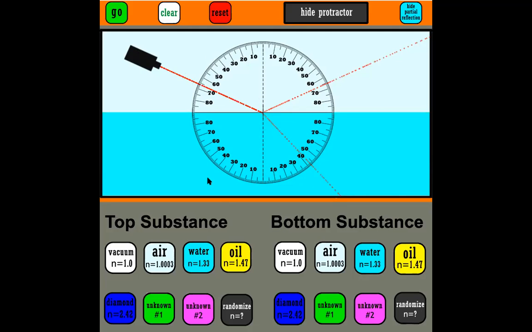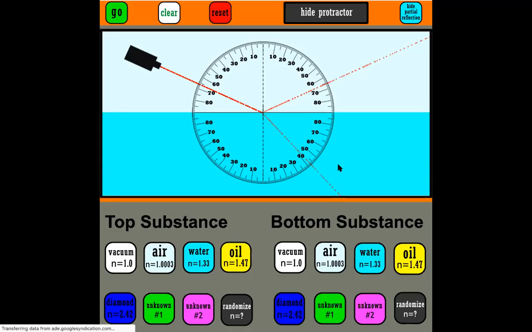Notice what happens in terms of speed. The air has index of refraction 1.0003, water has index of refraction 1.33. So does that mean the light speeds up or slows down as it goes into the water? The index of refraction is greater.